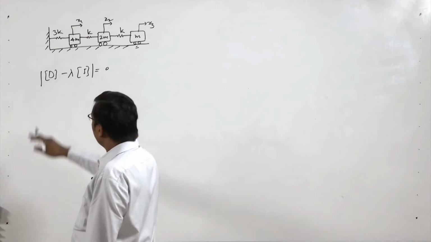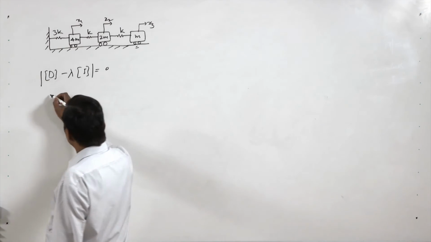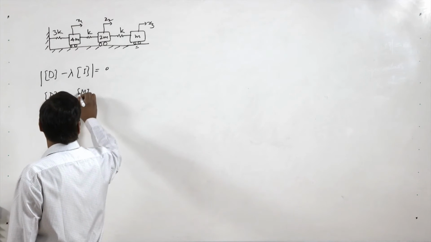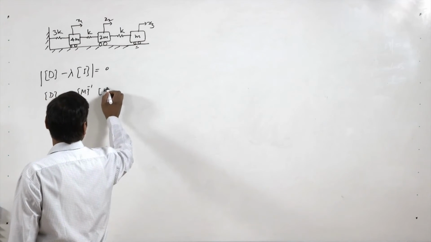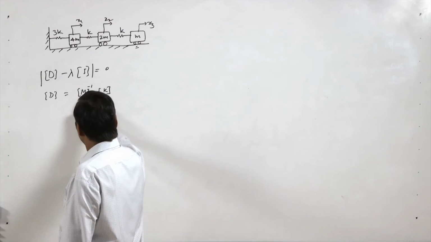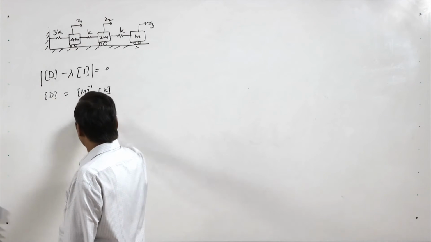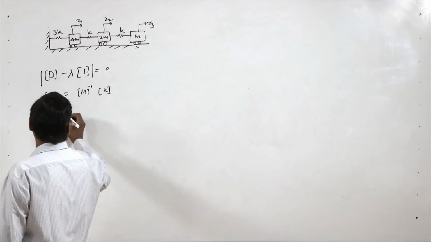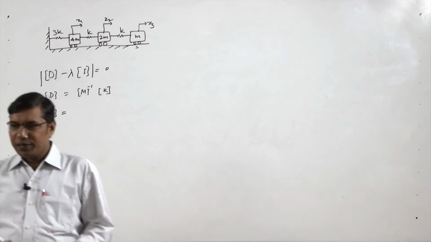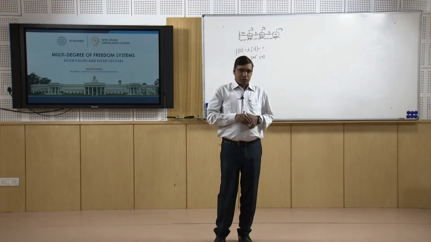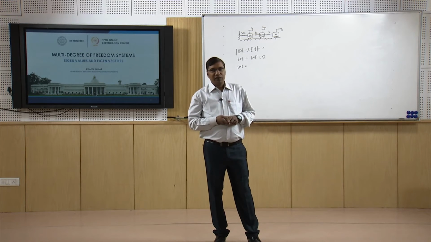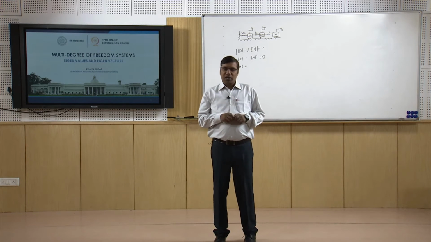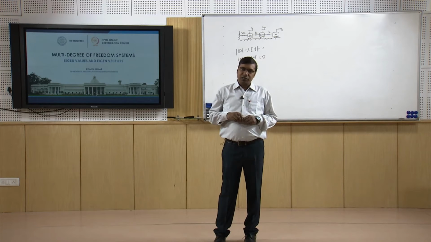So we have to find the D matrix. This D matrix is M inverse into the K matrix. So what are the M and K matrices? The M matrix, as we have already derived in the previous lecture, where we wrote the equations of motion and finally assembled them into a matrix, the mass elements were diagonal.